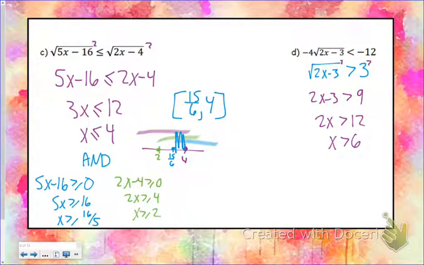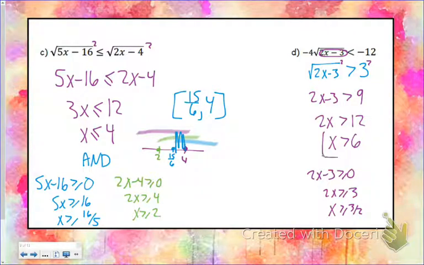Now, it is good practice to always make sure that under our root is going to be positive. So 2x minus 3 is greater than or equal to 0. So I get that 2x is greater than or equal to 3, so x is greater than or equal to 3/2. Well, what's nice about this, if your solution is greater than 6, it's always going to be greater than 3 over 2.